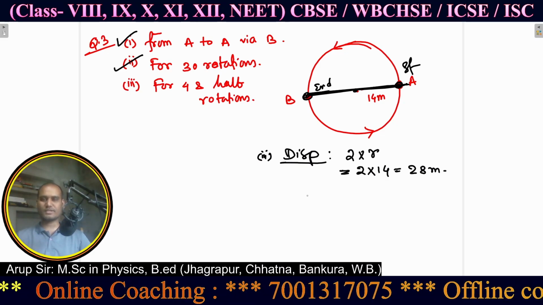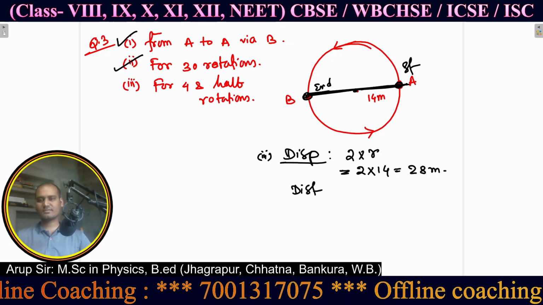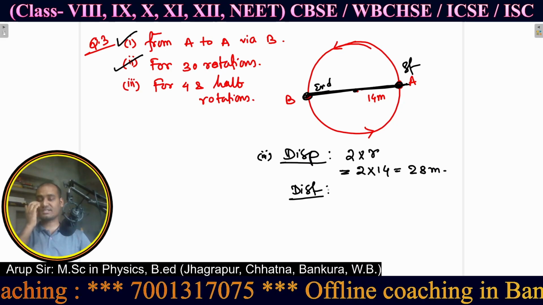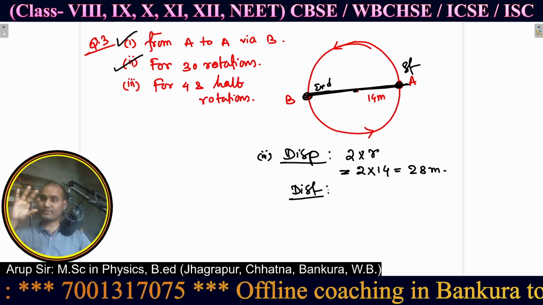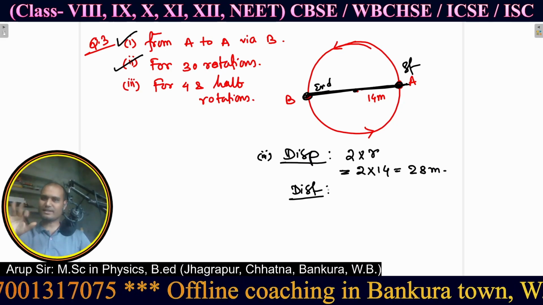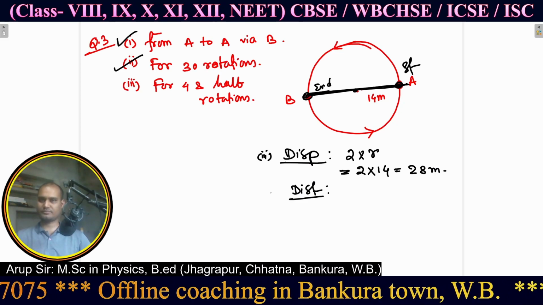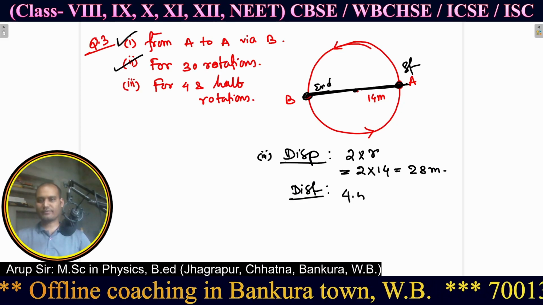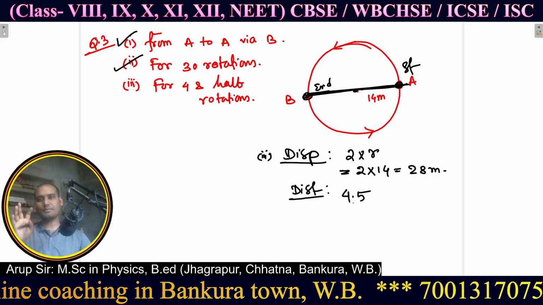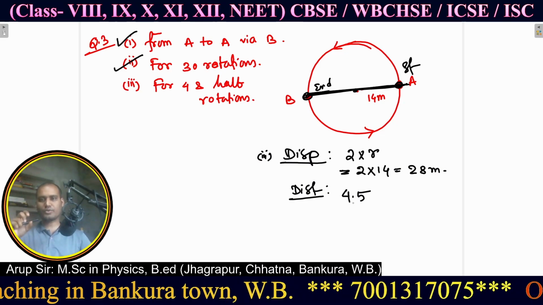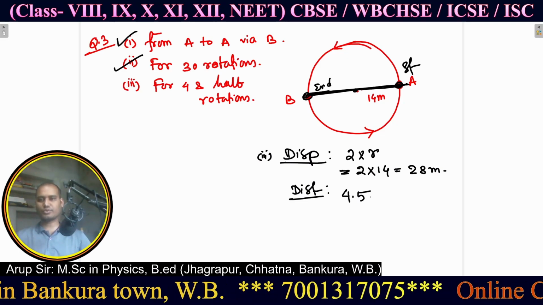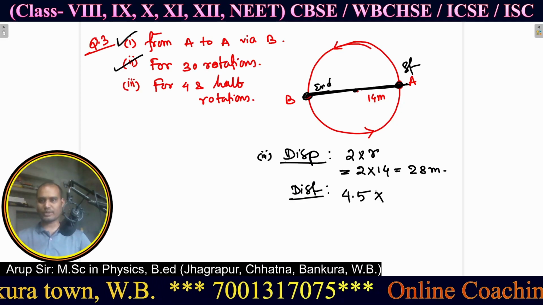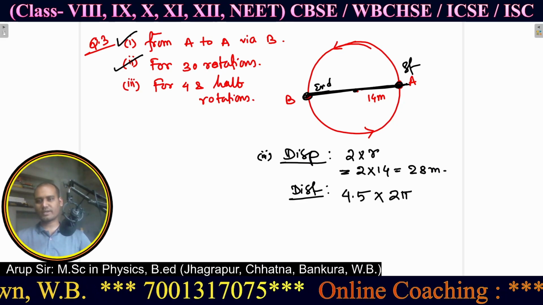Okay, this is displacement. What is distance? Distance is simply calculated by first finding the total circumference and then multiplying with 4.5. So 4.5 rotations means 4.5 into full circumference. Full circumference is 2 pi r.